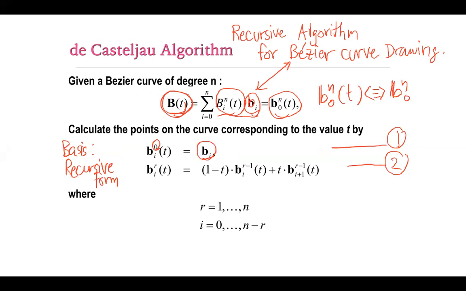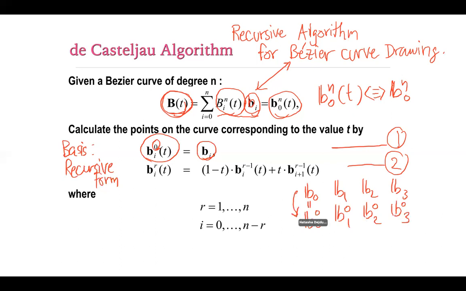Okay, let me say like this. If we have B0, B1, B2, B3, they are control points for the cubic Bezier curve. And in order to write this equation, I will use B0,0, B0,1, B0,2, and B0,3 interchangeably.